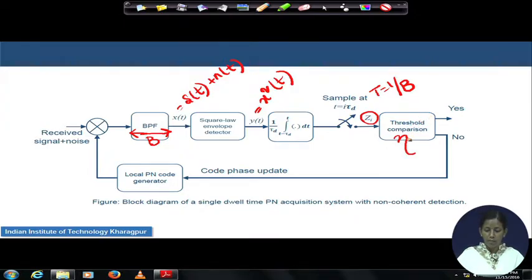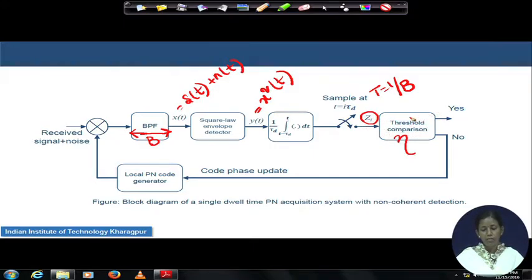And remember, there will be a correct detection for all the cases when this z will cross the eta. So, from eta to infinity, that zone gives the detection probability, when the signal is definitely present and correct detection is going on.